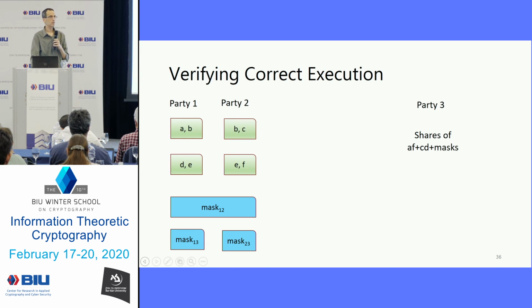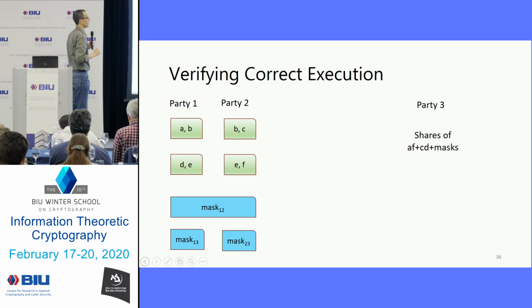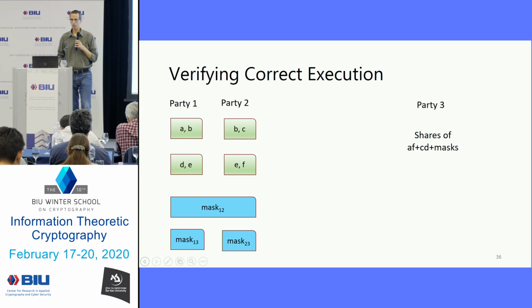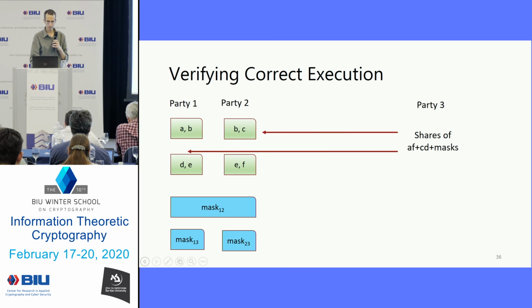And we want to do that for every gate in the circuit. So there are many gates, and looking at all of them, we're just looking at a degree 2 mapping of the information that party 3 has, and it's shared between party 1 and 2. Now, we know how to do that, as I showed earlier, with very low communication.